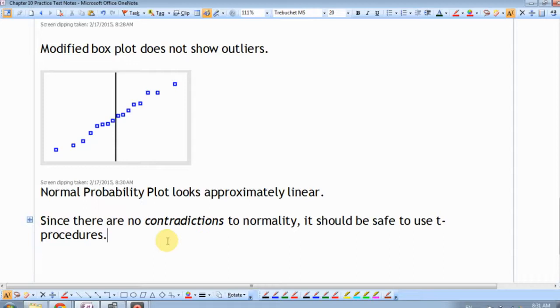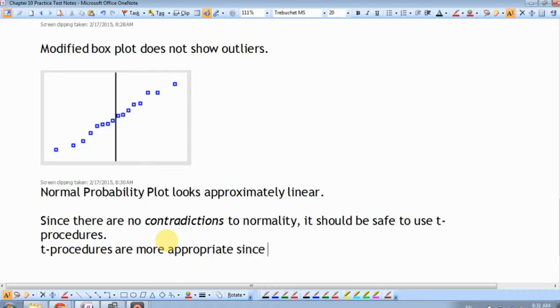Oh, last question. Would T or Z procedures be more appropriate? T procedures are more appropriate since we do not have the population's standard deviation.